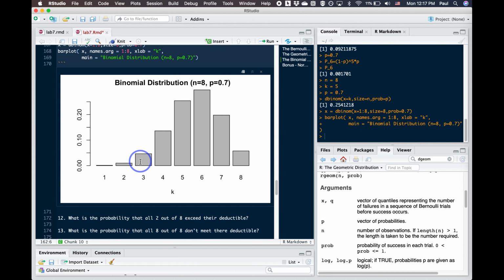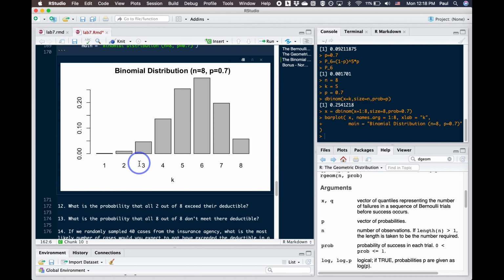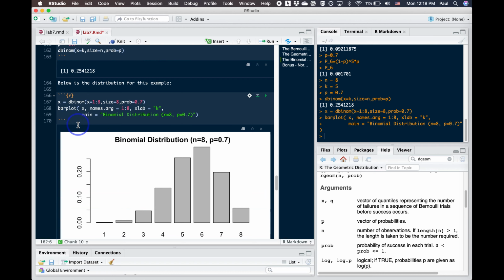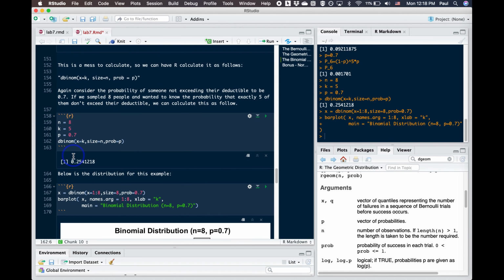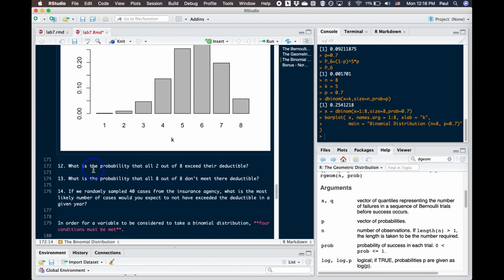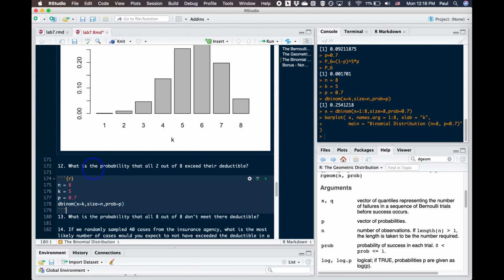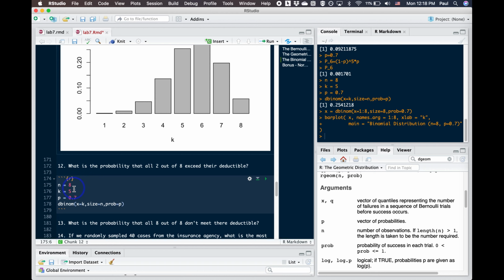So here's an example. What's the probability that 2 out of 8 exceed their deductible? Well, we'll copy this, and remember, 8 is our fixed number of trials, k is the number of successes, which is exceeding their deductible.